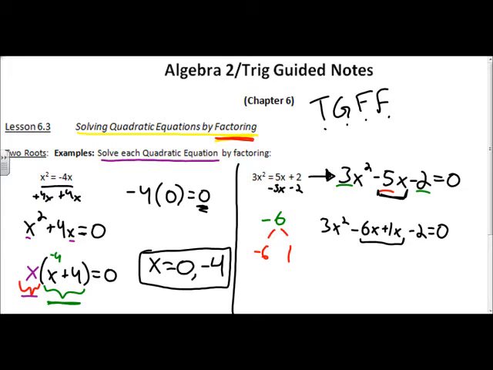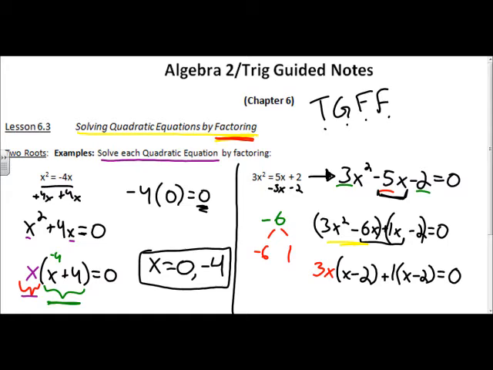Once we have it in this form, we can factor by grouping. So we group the first two terms and we group the last two. In our first part, 3x squared minus 6x, we can take out 3x from both pieces, which is going to leave us with x minus 2. In our second part, there's nothing left for us to factor out, so we'd say that it's 1 times the amount x minus 2.